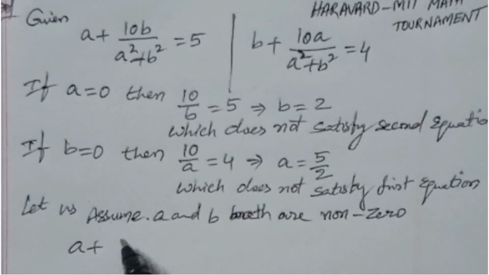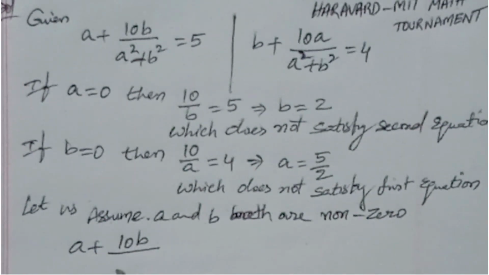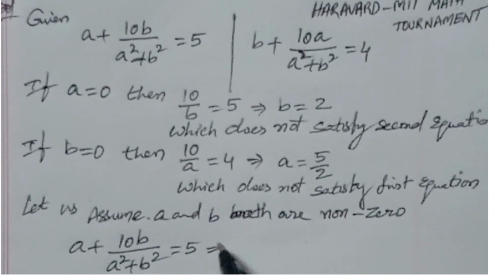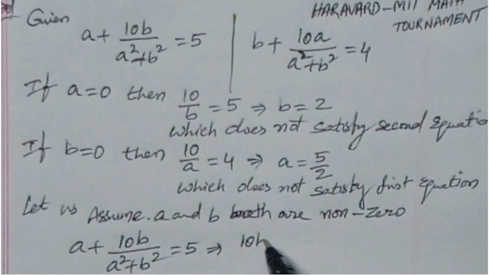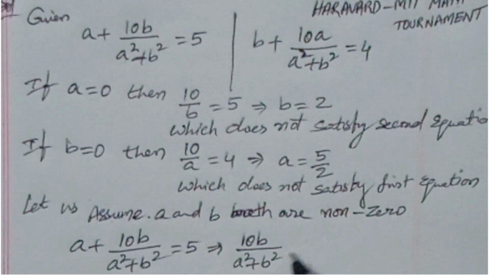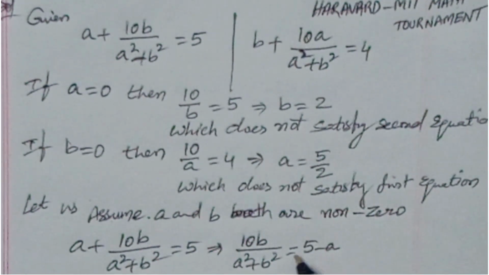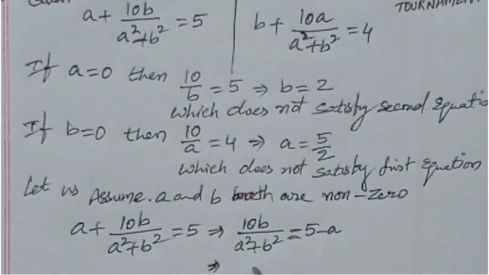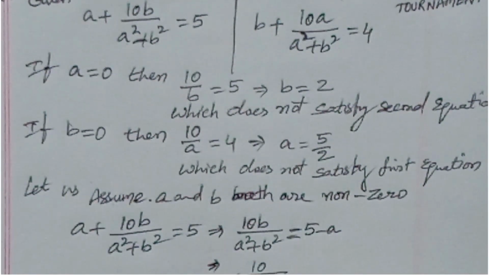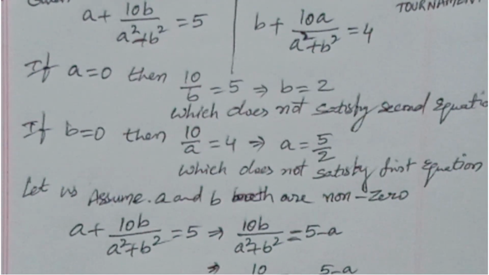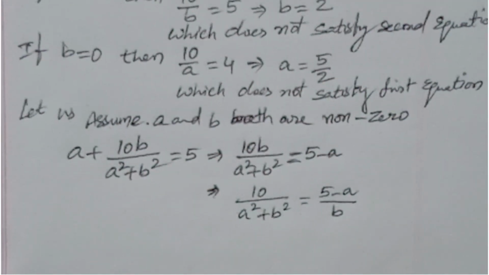Now (a + 10b)/(a² + b²) is equal to 5. This can be written as 10b/(a² + b²) is equal to 5 minus a. This can be written as 10/(a² + b²) is equal to (5 minus a)/b, sending b that side.